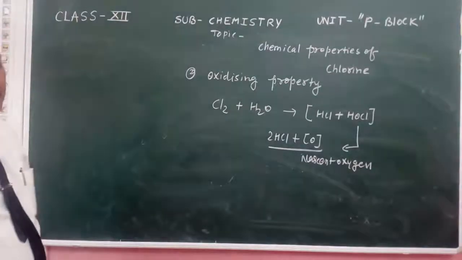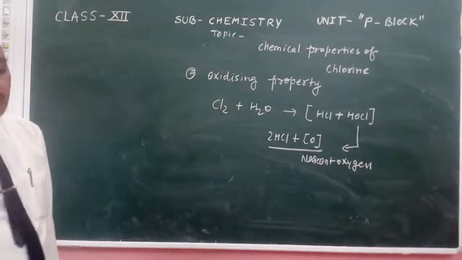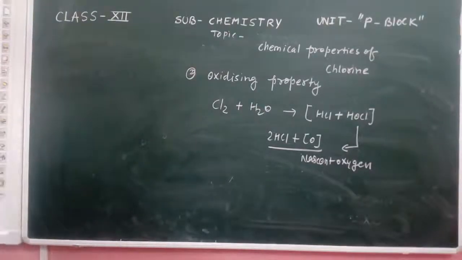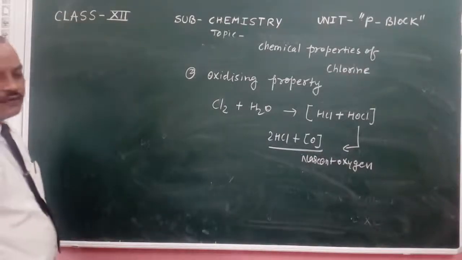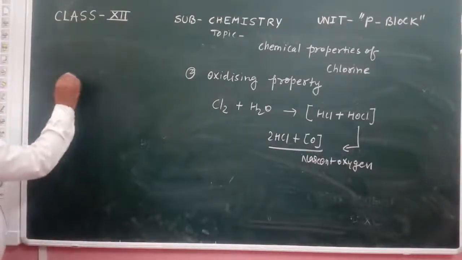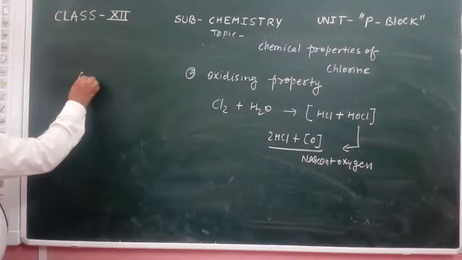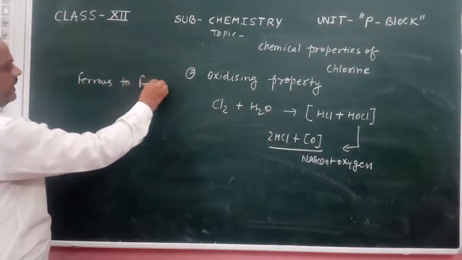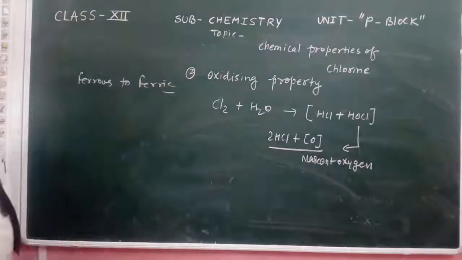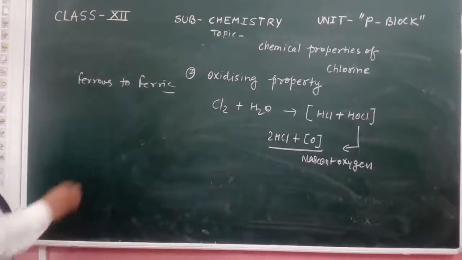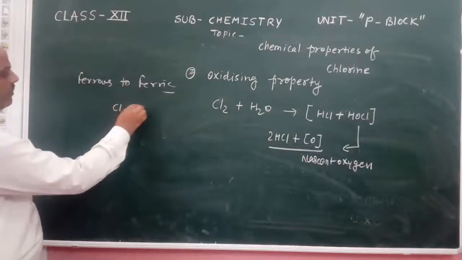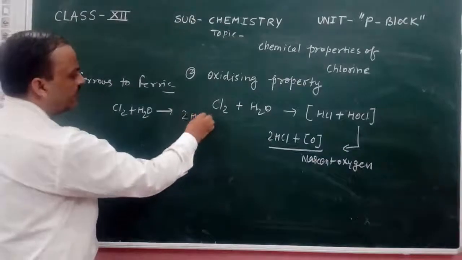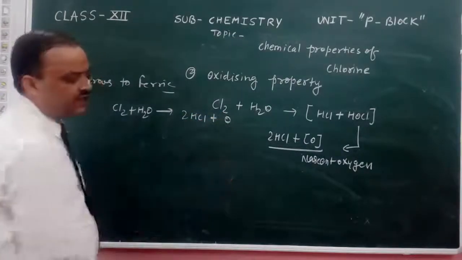So we have the example of ferrous to ferric, oxidation of acidified ferrous to ferric. We have the example of this oxidation process like Cl2 plus H2O, same thing, we have HCl plus oxygen there.